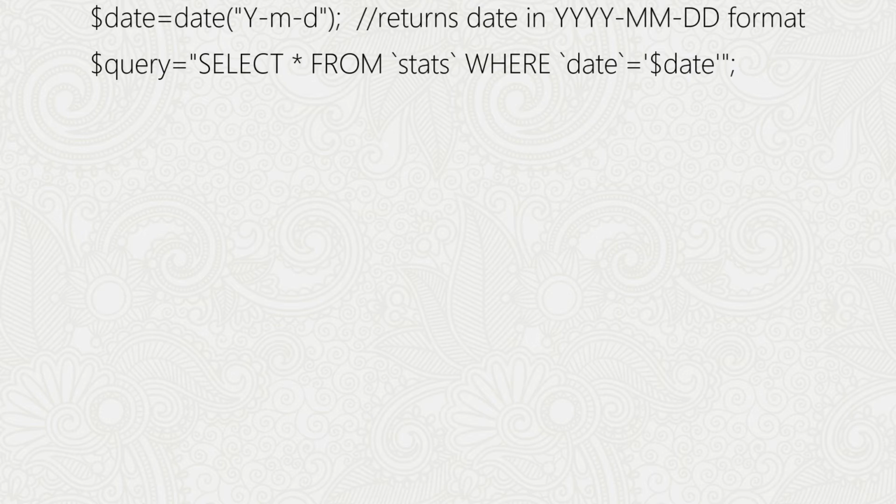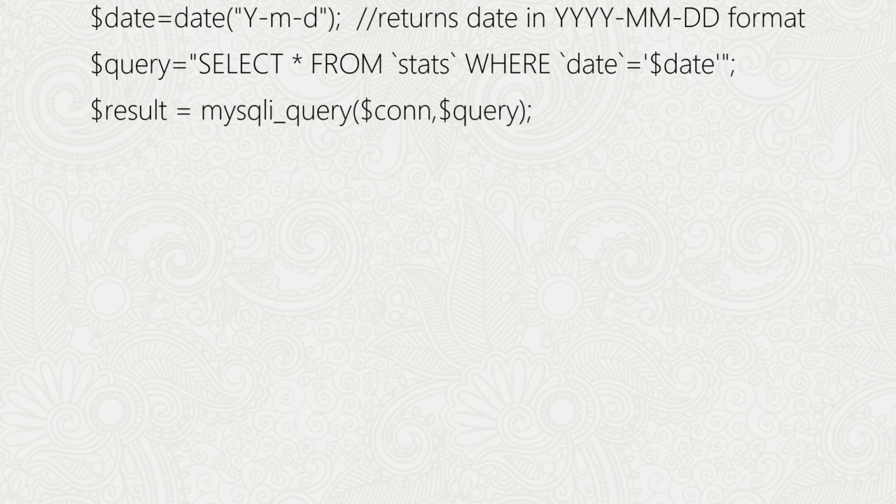This is something like select all from stats where date equals $date. That's a variable. Next, we're going to execute this query using the mysqli_query function by providing the connection object and the query, and we'll store the outcome in a results variable.